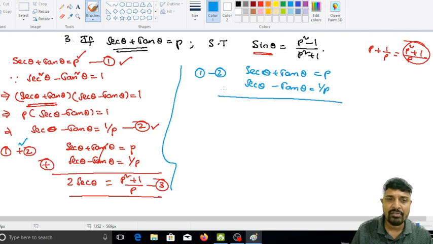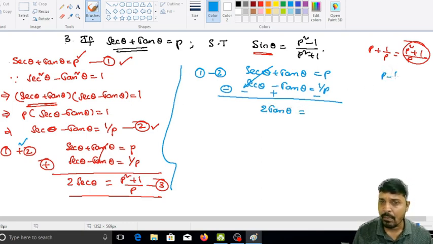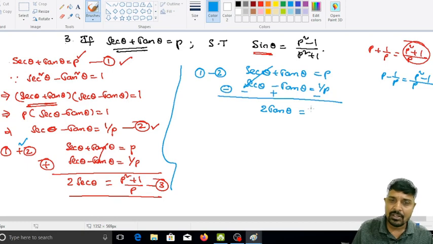Now we are going for subtraction. See, when we are going for subtraction, what is going to happen? This will become minus, this will become plus, and it will become minus. These two get cancelled. Now tan theta plus tan theta is going to become 2 tan theta is equal to p minus 1 by p. p is LCM, p times p is p square minus 1. So it is going to become p square minus 1 by p. Let it be equation number 4.